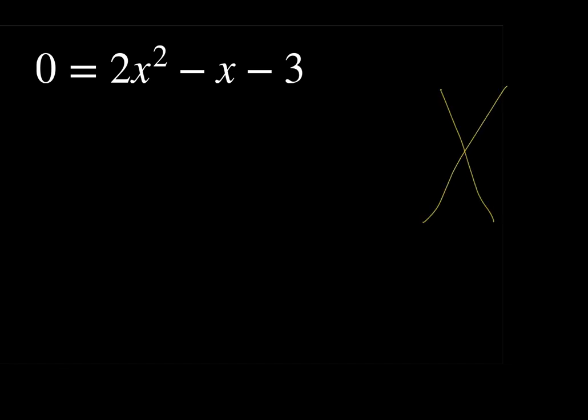So in the Xbox method, up here goes the 2x squared. That's the first term. The bottom is a times c, or the first term times the last term. And that's going to be negative 6. 2 times negative 3, that's negative 6.